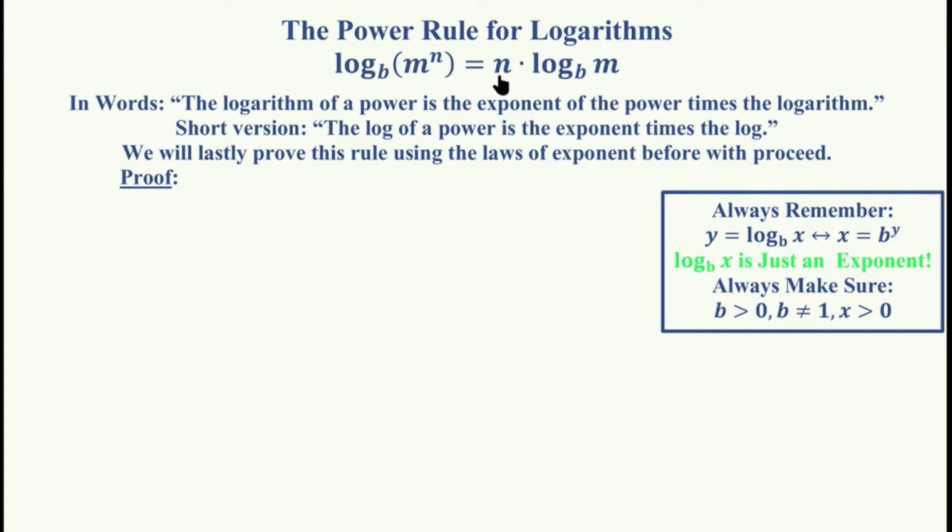This rule is going to be extremely powerful and extremely helpful for us when it comes to solving very difficult exponential equations that cannot be solved in the method that we've been using by making both sides powers with the same base. Those are going to require the utilization of this rule in particular.